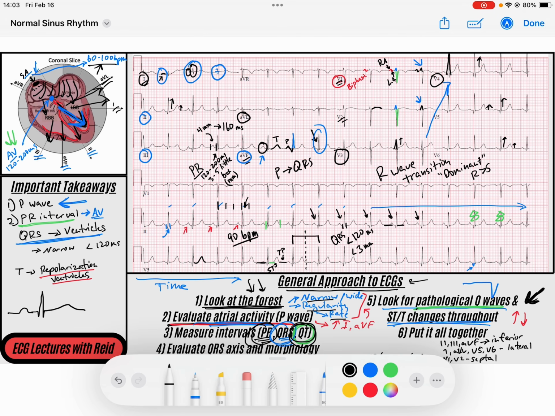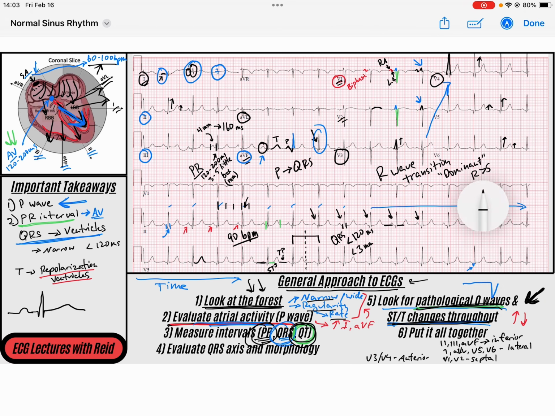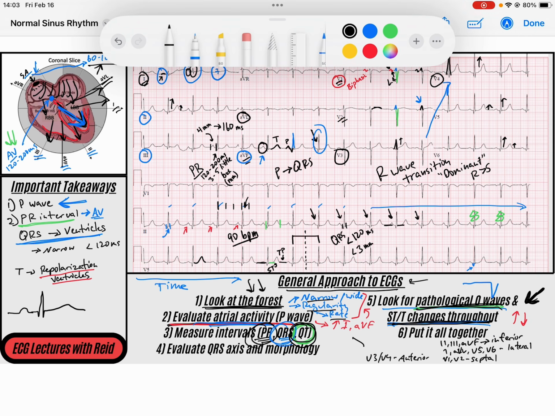I then look for pathological Q waves that tell me that signal is unable to be conducted to a certain region of the heart. And I look for ST elevation or depression that tells me if there are ischemic changes. And I utilize my understanding of cardiac anatomy in all of these anatomical distributions: inferior, lateral, septal, and anterior.